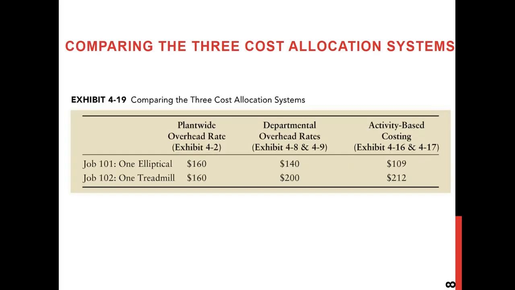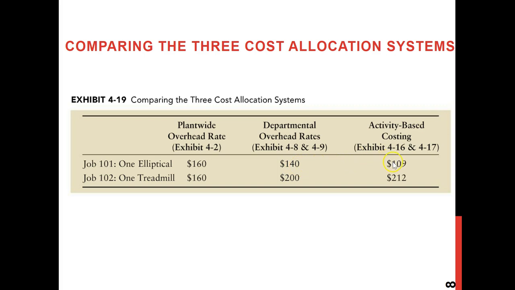then you will figure out that the total amount of allocated overhead to produce one treadmill is $212. Now we're going to compare those overhead costs, and we'll see completely different pictures depending on what overhead rates we are using. For example, when we are using one common plant-wide overhead rate to produce one elliptical, the cost is $160. But when we are using department-specific overhead rates, the cost turns out to be $140.